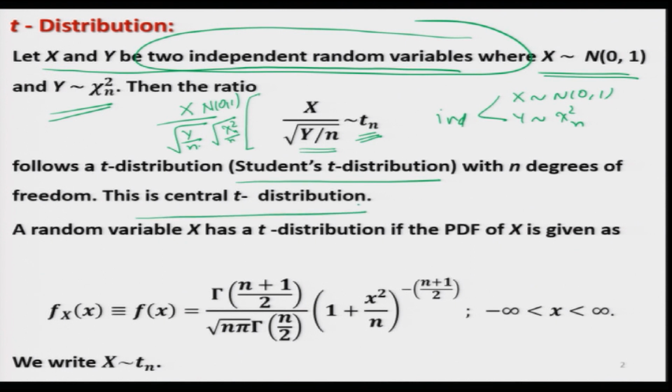In the last lecture we had understood the difference between a central distribution and a non-central distribution, and based on that we have central chi-square and non-central chi-square. Similarly, we will have central t and non-central t. One question comes here: we are considering a function of random variables, so how do you get to know whether this function follows chi-square or t?